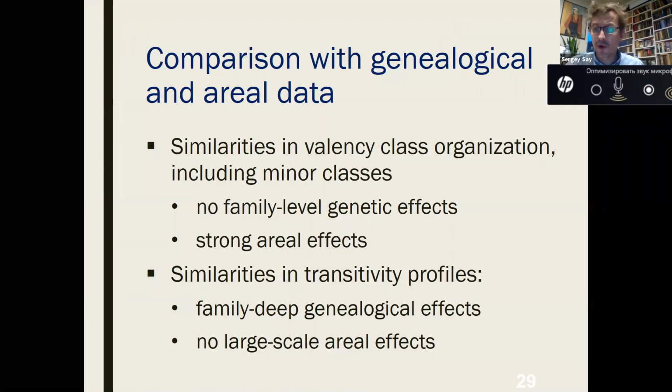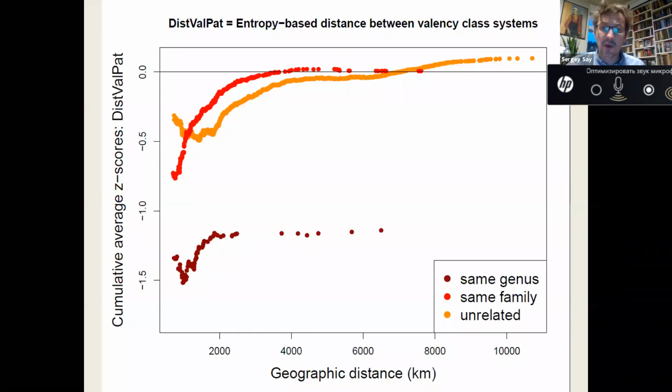So we can explore the ways in which areal and genealogical factors contribute to degrees of similarities and dissimilarities between languages, and you can employ various quantitative techniques to answer your questions.